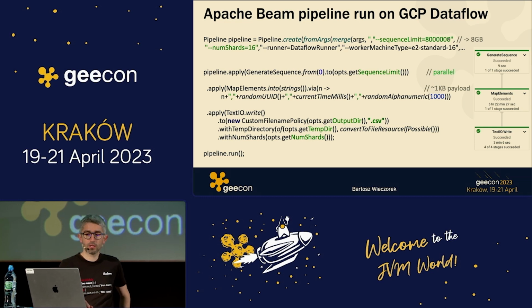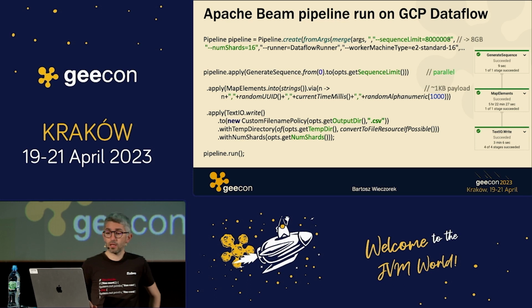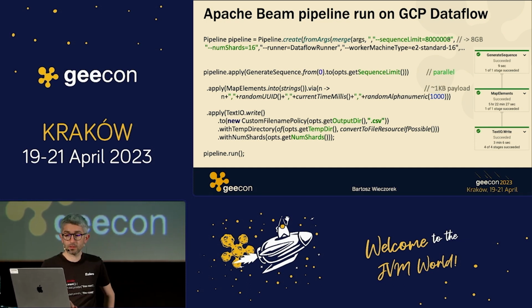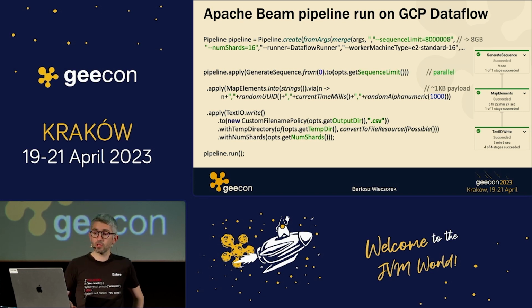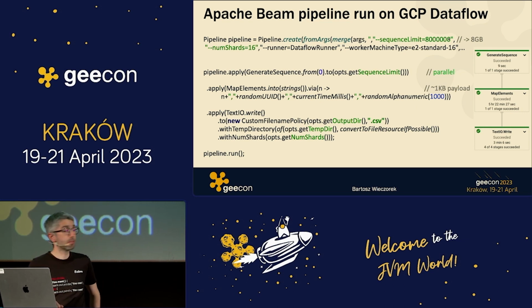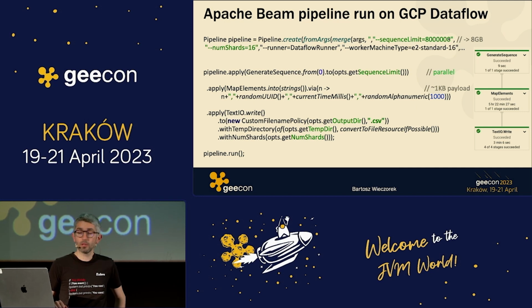The second block is where I define a source, which is the first rectangle that you can see on the top. In our case, I'm showing you a source that is able to produce a sequence of elements from 0 up to the limit that I pass in configuration, like 6 million here. And this source is able to produce these long elements in parallel.